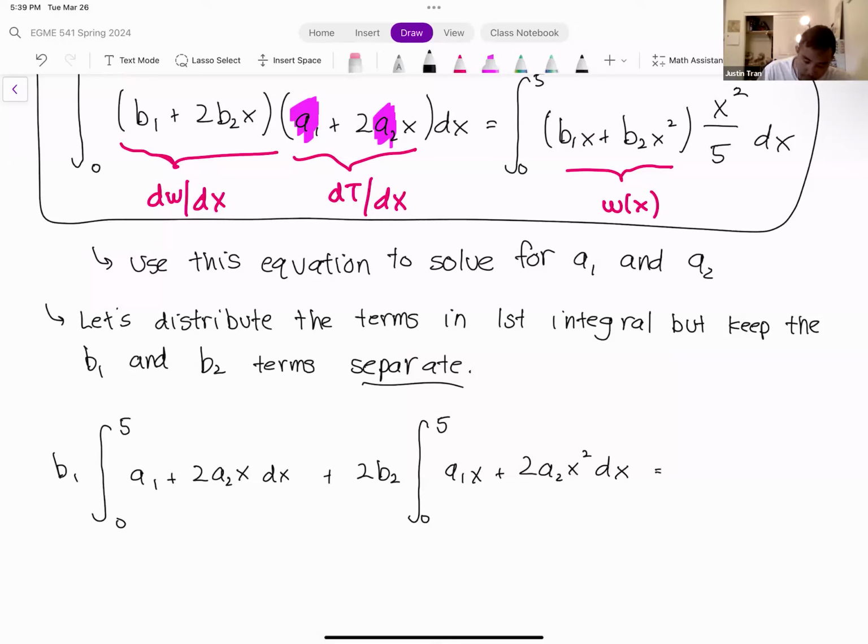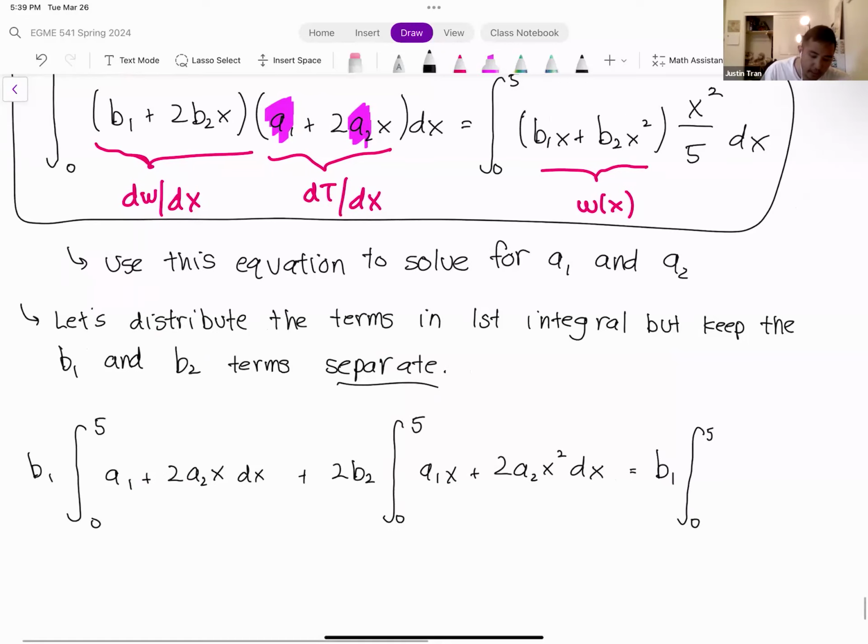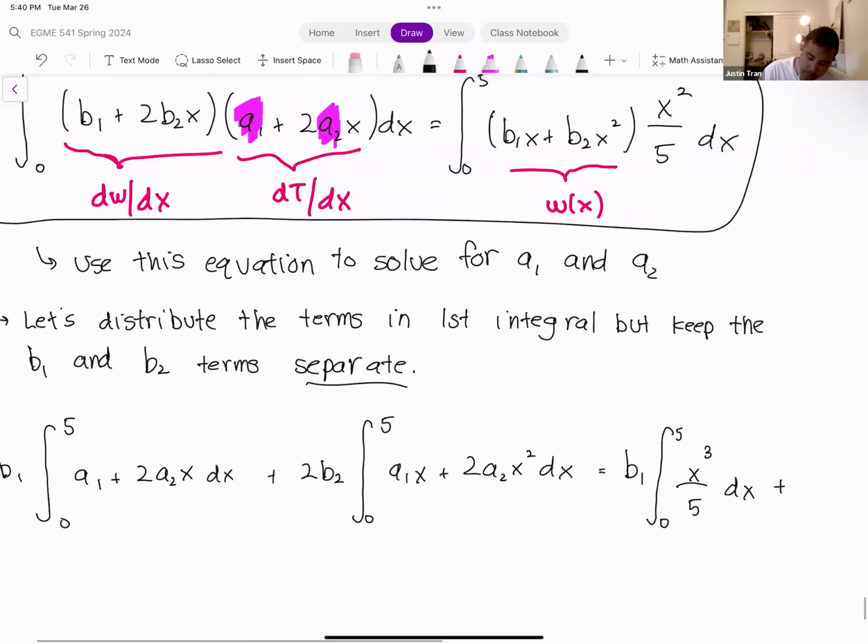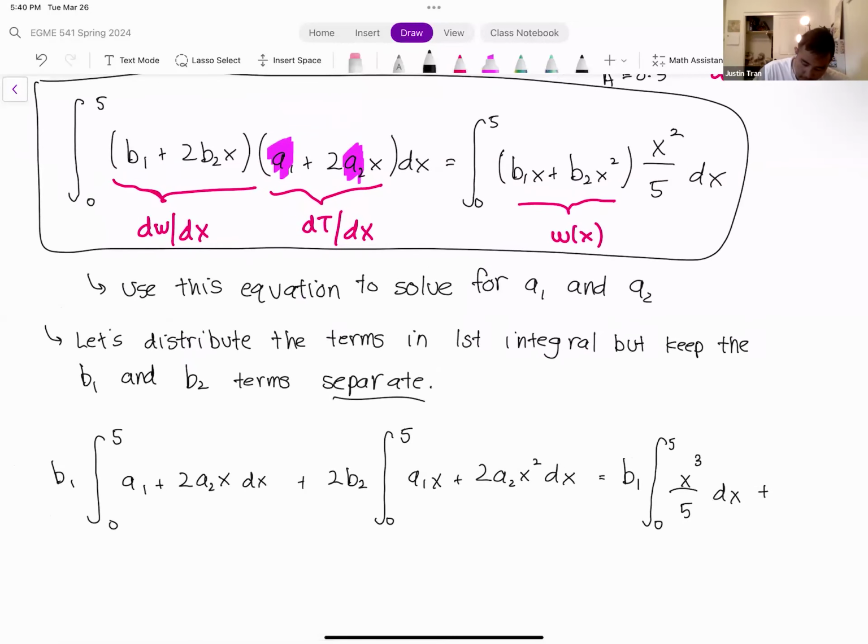This is equal to, doing the same thing on the right-hand side, b1 times the integral from 0 to 5 of x cubed over 5 dx, plus b2 times the integral from 0 to 5 of x to the fourth over 5 dx.